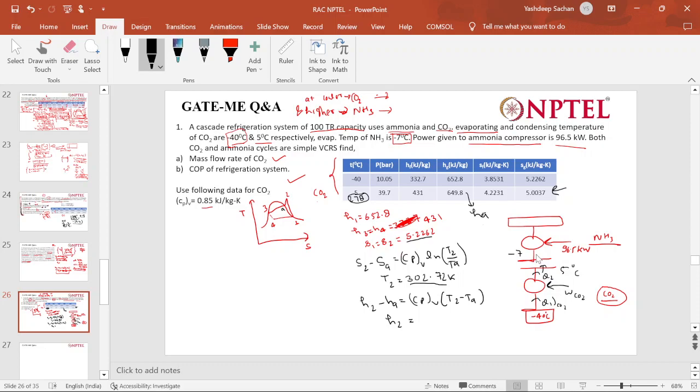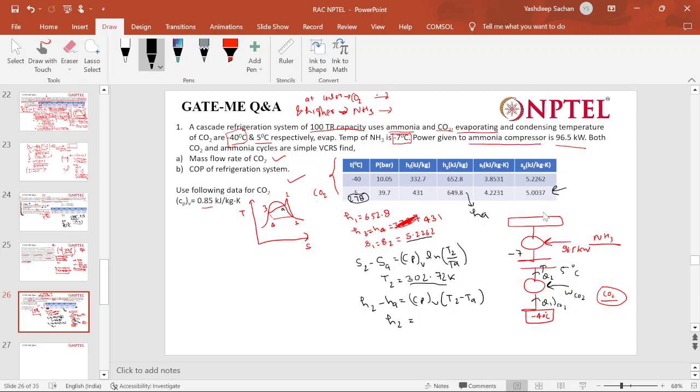Getting or not getting? I thought it is working between minus 40 degrees Celsius below, minus 7 and at top 5 degrees Celsius. No, not like that. One system would work and finish here, and whatever heat at the exit of this, that will give heat to it, and it will transfer to this.